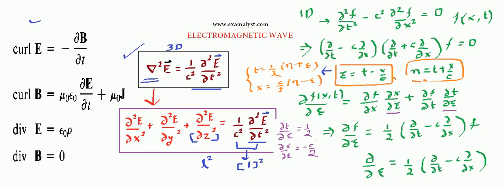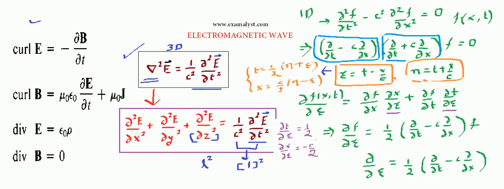If you go back to your equation, you will find that here you have got a term like d by dt minus c d by dx. So this term will become del by del epsilon. Similarly, this term, if you do the same calculation, will become del by del eta.